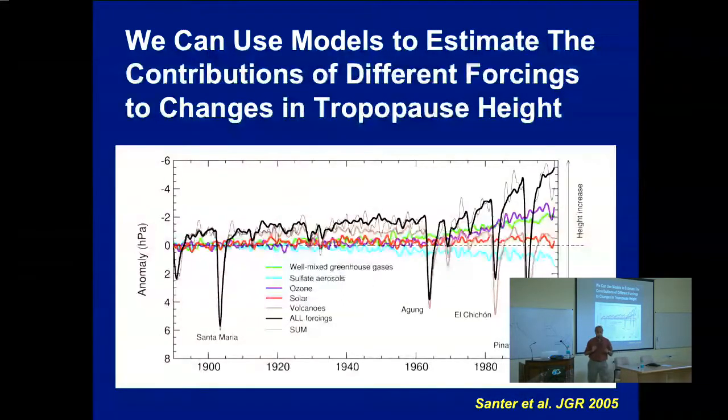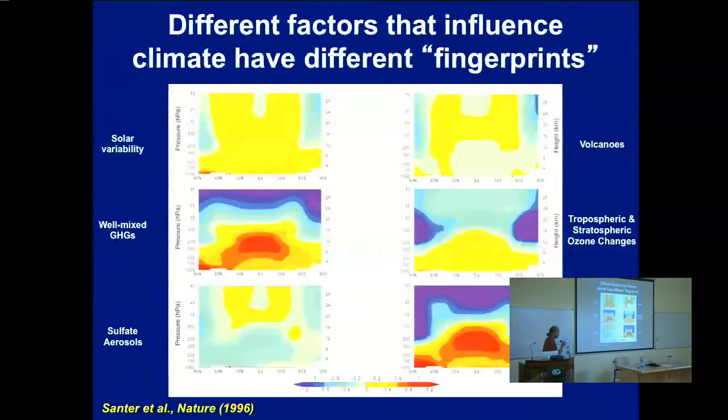So these are unique patterns to both CO2 and to volcanic eruptions. You can actually ask, are there unique patterns to the change of atmospheric temperature because of various factors? Okay? So this is something called a fingerprint.